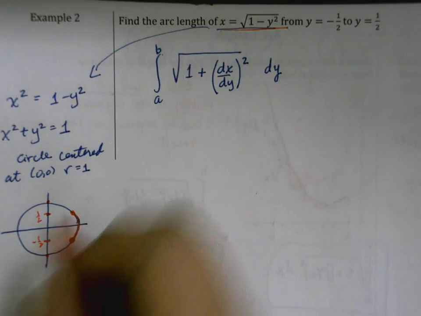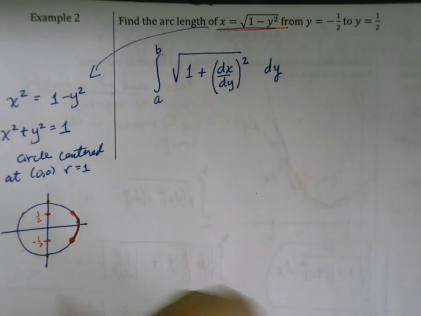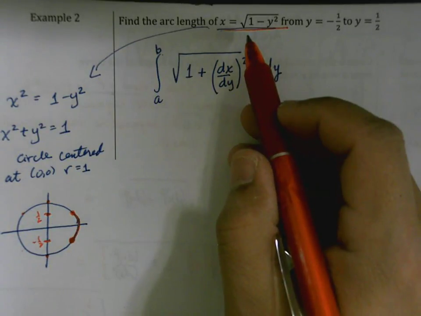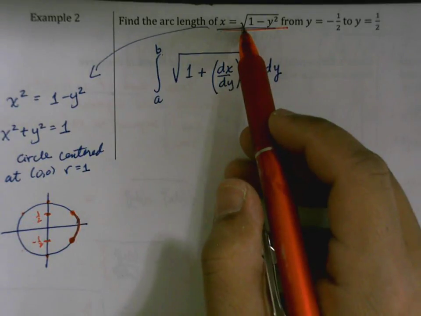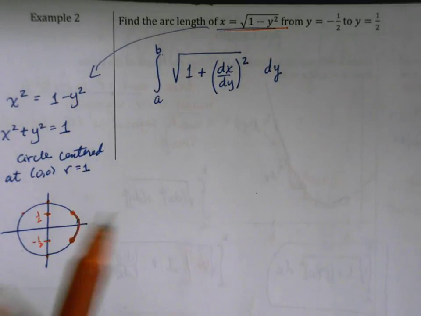Now you may say, why not the other side of the curve? Well, it's the same thing. Whether we find the curve on the right or the curve on the left, it's the same thing. This particular function refers to the curve on the right because this is the positive square root, not the negative square root. But the answer would be the same once we worked out all of the math.